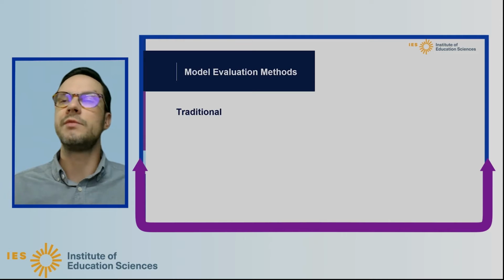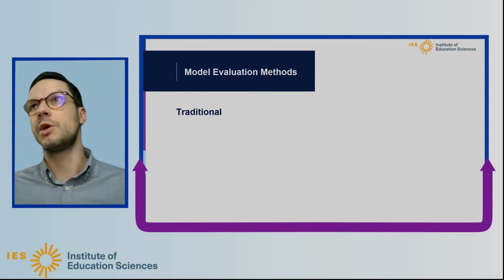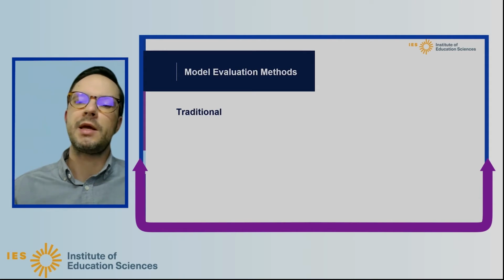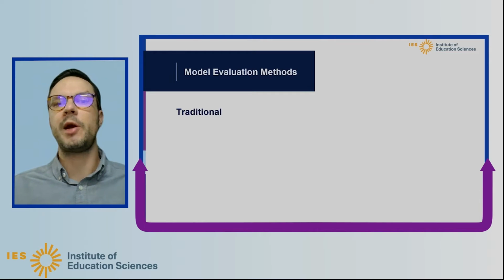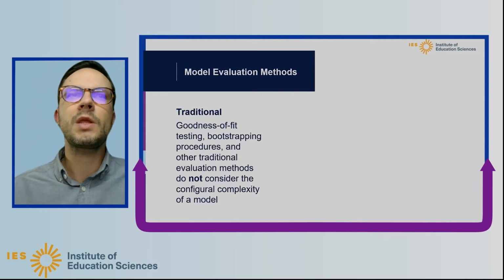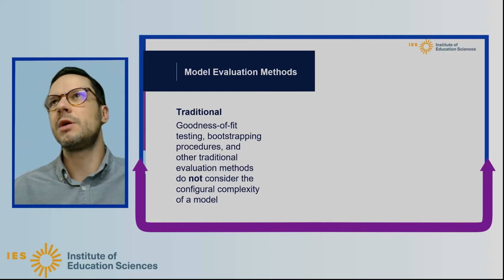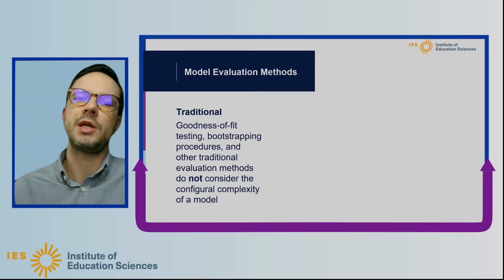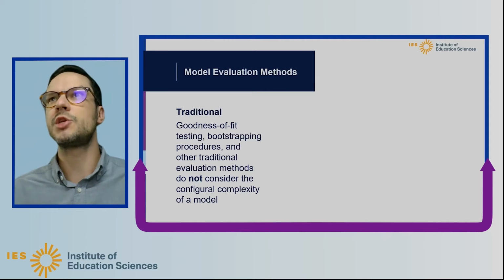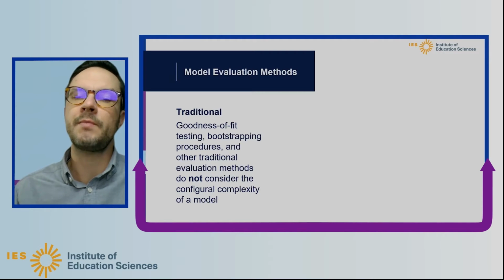This is sometimes called the frequentist perspective, where we rely on things like goodness of fit testing, or maybe we rely on bootstrapping methods, and we sample from our data, or we do parametric bootstrapping, where we sample from some underlying distribution. However, these familiar methods do not consider the configural complexity of a model. They don't take into consideration that the difference in the configuration of the variables could imbue the model with a higher or lower degree of complexity.